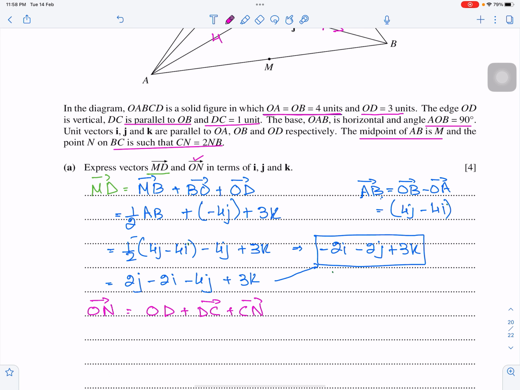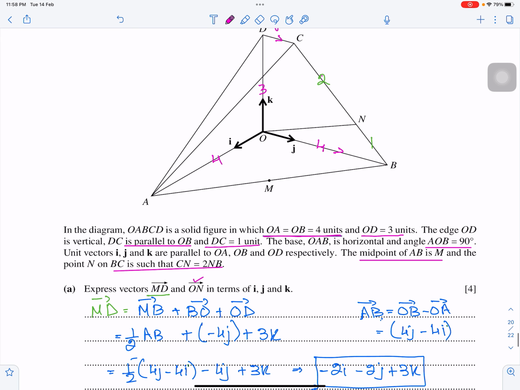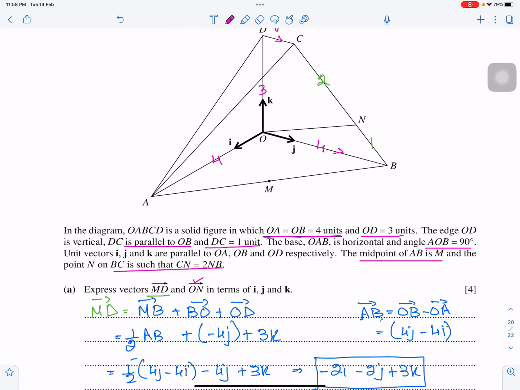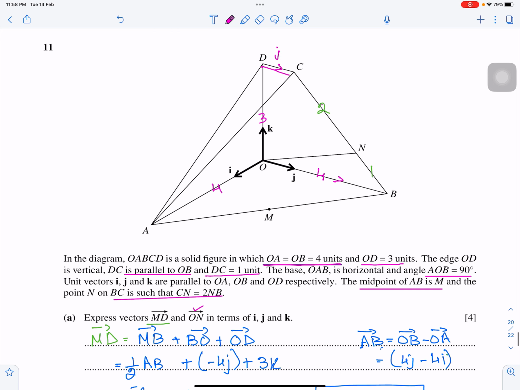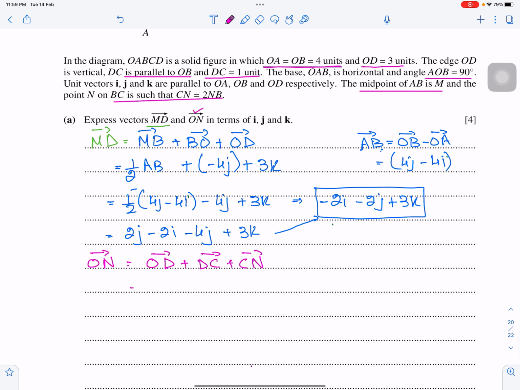And now I will substitute these vectors. So what is OD? OD equals 3K, DC equals J, and CN equals 2NB, which was given to us in the question.